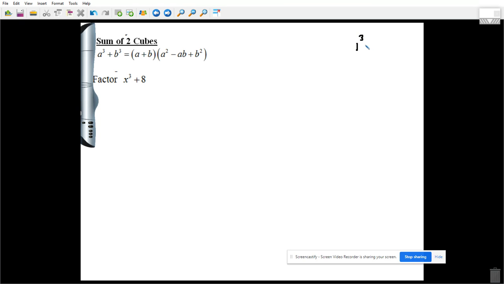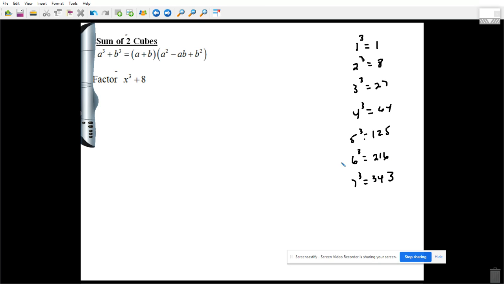1 cubed is equal to 1. 2 cubed is equal to 8. 3 cubed is equal to 27. 4 cubed is 64. 5 cubed is 125. And they start getting large pretty quick. 7 cubed is 343.